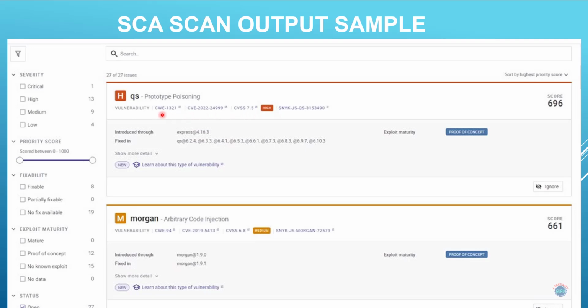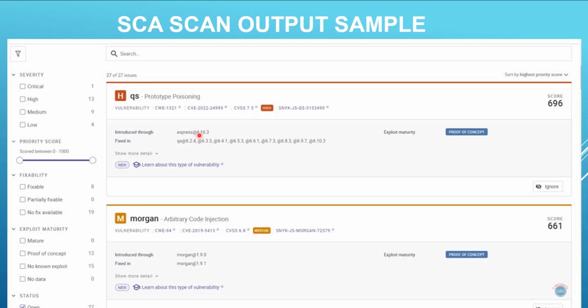If you are not aware what is CWE, CVE, do not worry. We will learn about these terms as well in the upcoming lectures. Here you will see that Snyk is saying this issue, prototype poisoning, has been introduced by this library Express 4.16.3, and also Snyk is telling how to fix this issue. This issue can be fixed by upgrading the library QS to 6.2.4. Now you might be wondering that here Snyk is saying to upgrade QS, but the issue was identified in Express.